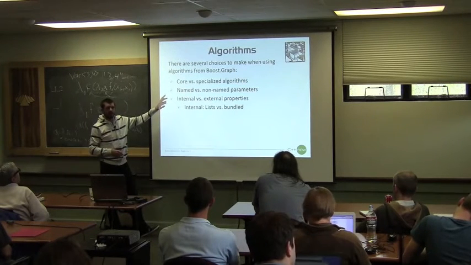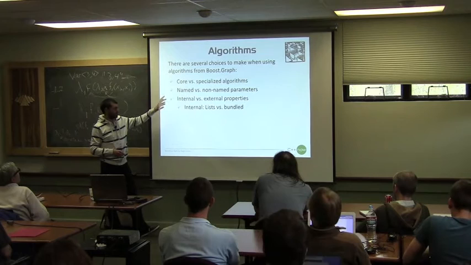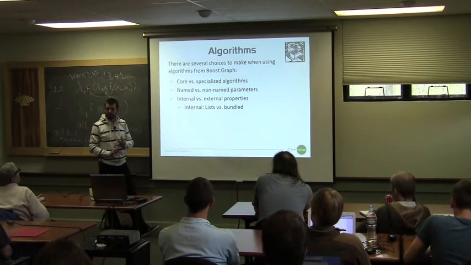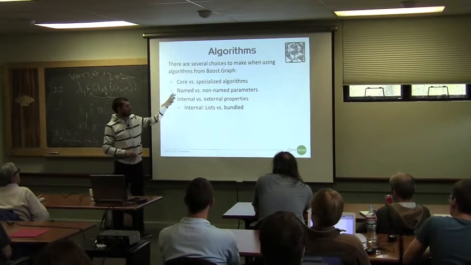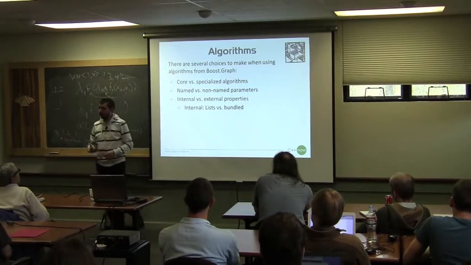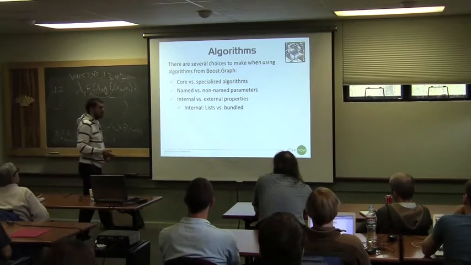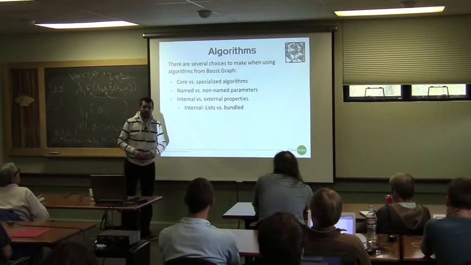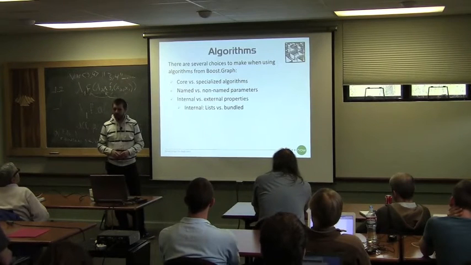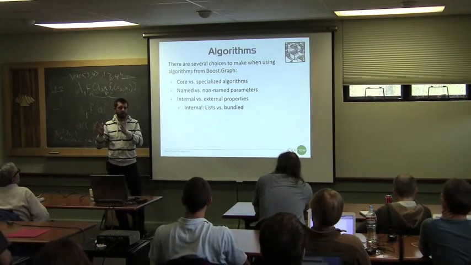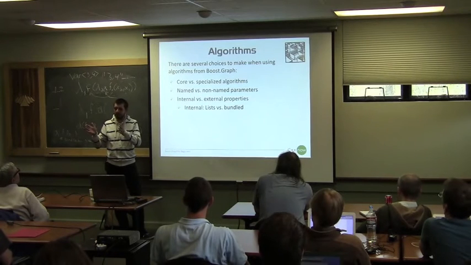What's getting a bit more complicated, and I think that's where people start to have the first problems, is that there are 2 versions of every algorithm. The one version has named parameters. The other version has non-named parameters. So what does this mean now? If you call, for example, the algorithm breadth first search, you will see in the documentation that you must pass 5 values. There are 5 parameters expected.